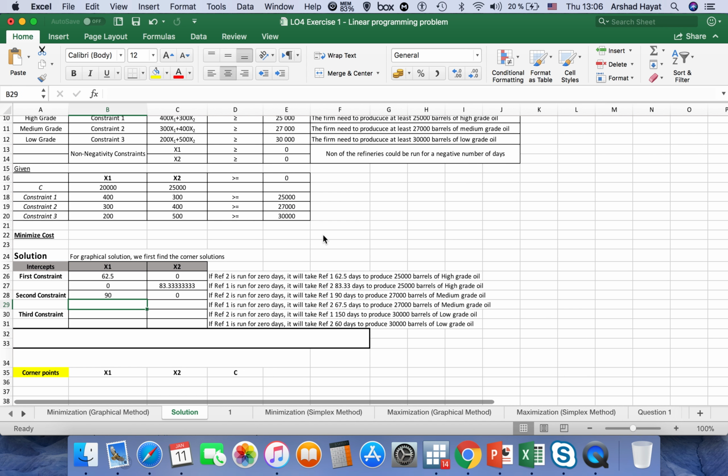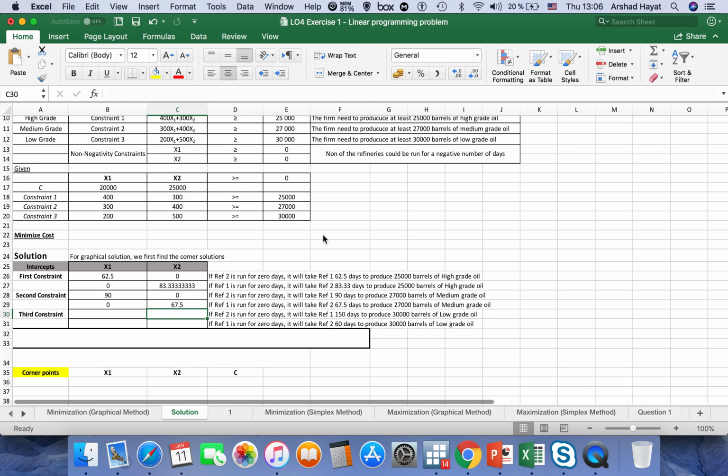So this would become 90. And let's say we run now refinery 1 for 0 days. What would be the number of days that refinery 2 can produce 27,000? That would simply be 27,000 divided by 400. So this is 67.5.